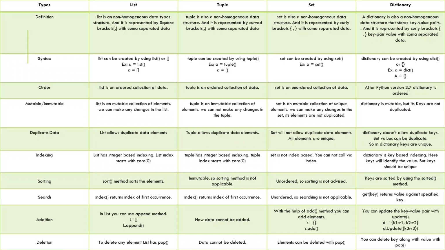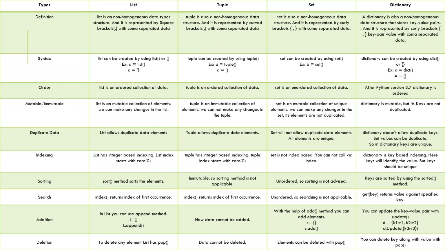That's the reason sorting is not possible in the tuple. And set, why? Because the ordering position is not the same as the input, so you cannot predict the sort, or it is not advised. So in sorting, the odd man out is tuple and set. List and dictionary you can sort with the help of the sorted or sort methods.